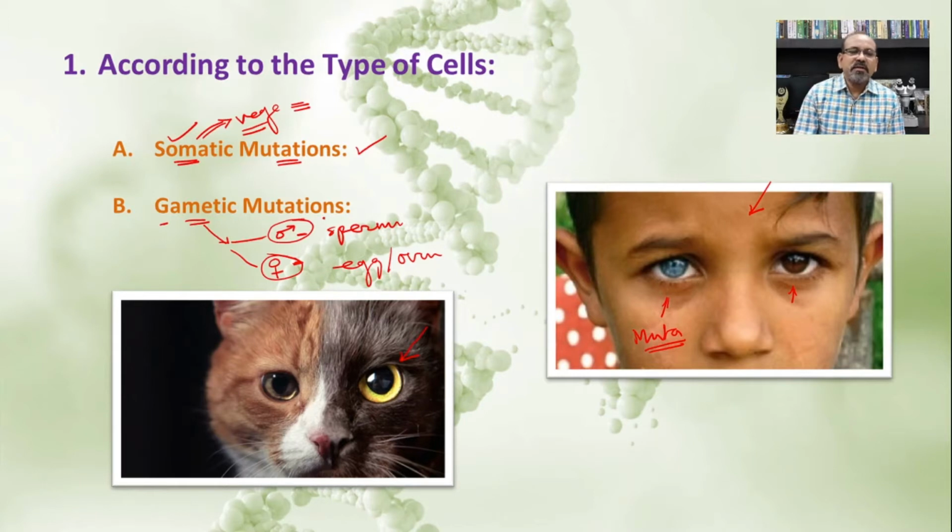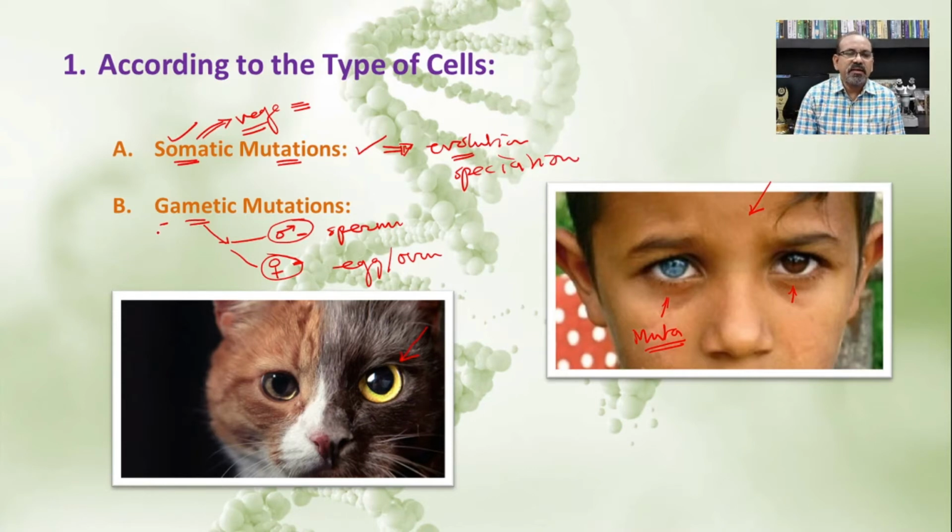In addition, somatic mutations are not involved in evolution, as they are restricted to the particular organism and are not found in the next generation, and hence they do not play any role in evolution as well as speciation, that is the formation of species.